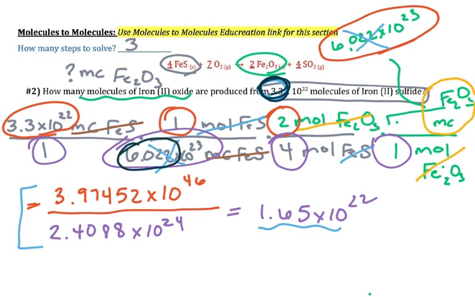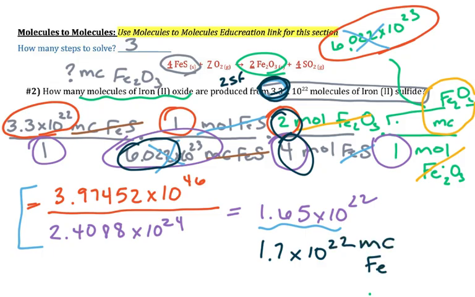The Avogadro's number has 4. Our molar conversion coefficients don't have sig figs. Those are exact values. So we are going to want 2 sig figs in our answer. 1.7 times 10 to the 22nd. And then molecules of Fe2O3.